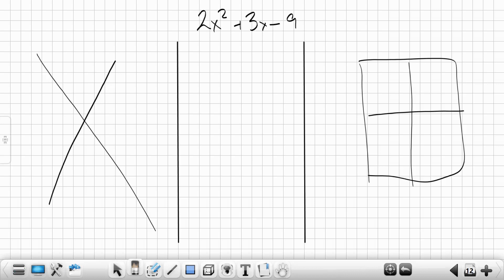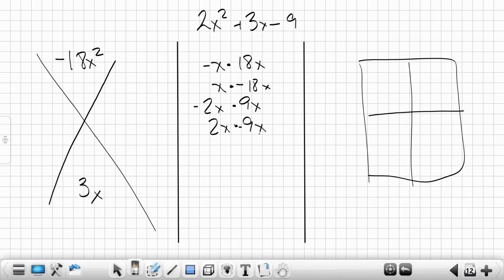Top of the x is what? Negative 18x squared. Okay. Bottom of the x is 3x. Okay. For time purposes, I'm just going a little quicker here.